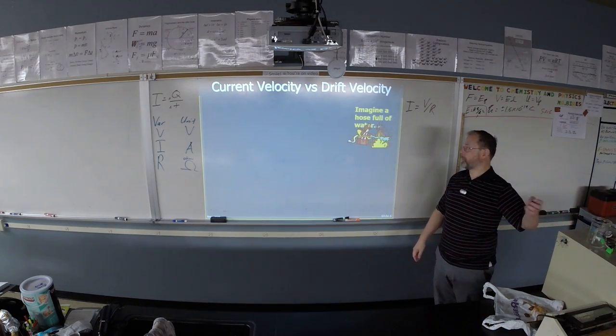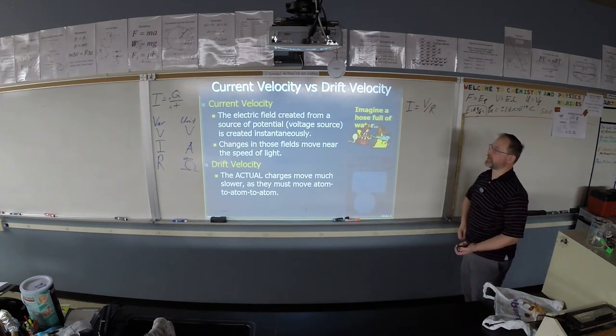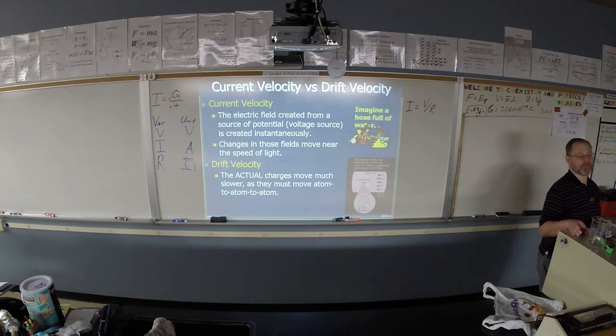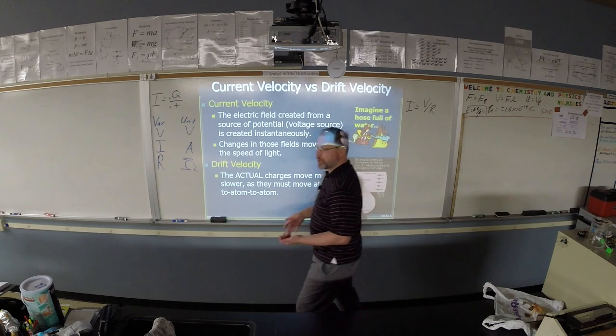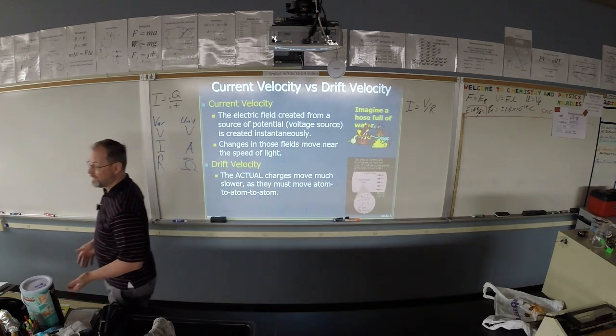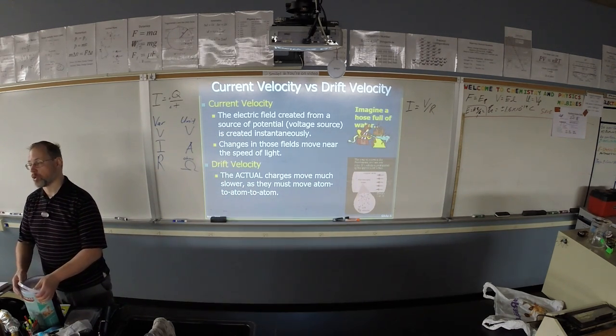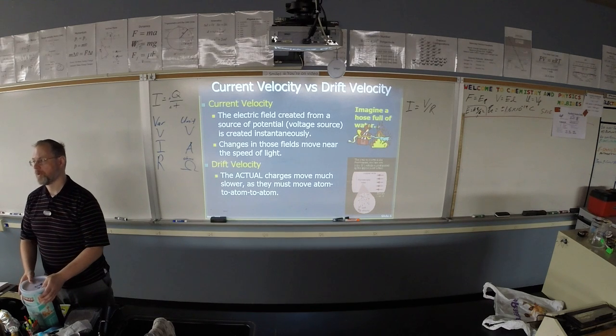Drift velocity is slow. Current velocity is fast, because current velocity is how charges respond to an electric field. And charges respond to an electric field pretty much instantaneously. But the actual charge carriers move very slowly.